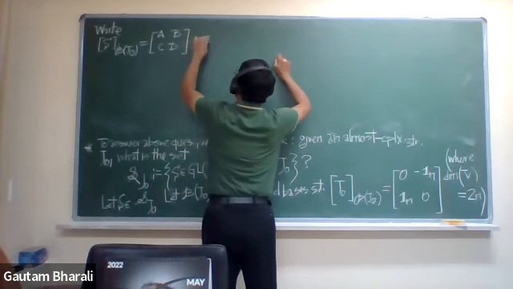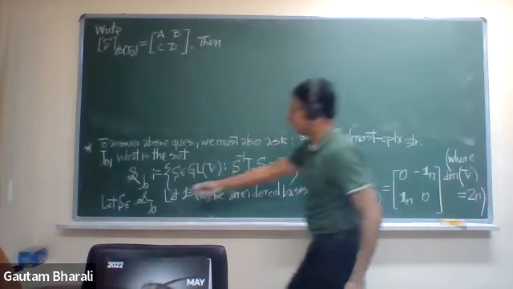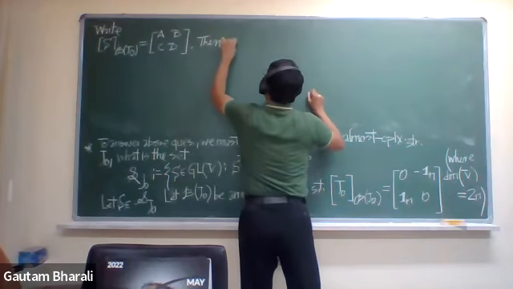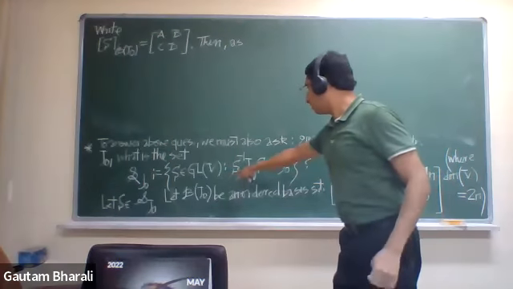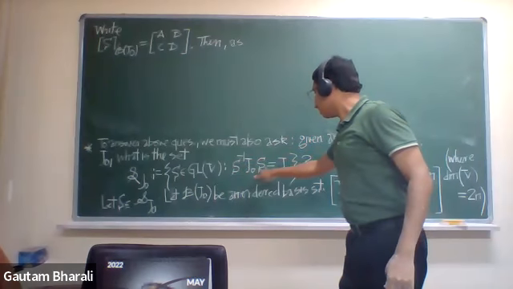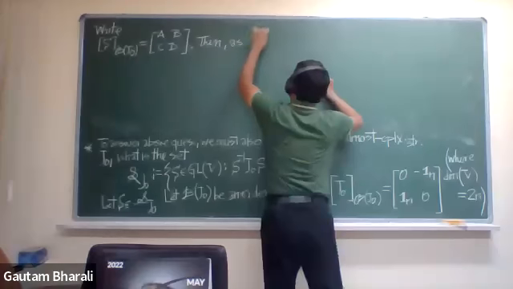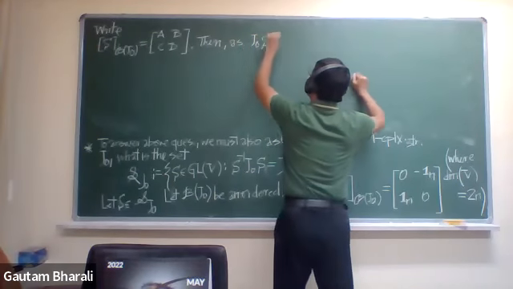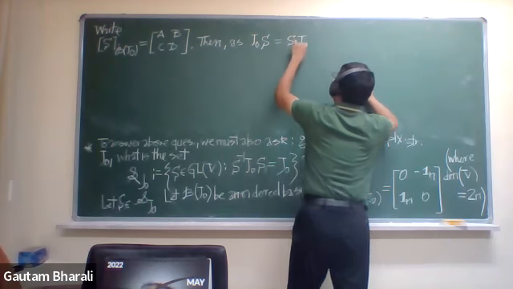Then, remember, capital S is in here. So to be in here is to say that S inverse J naught S is equal to J naught, which is another way of writing it. An implication of this is J naught S is equal to S J naught.